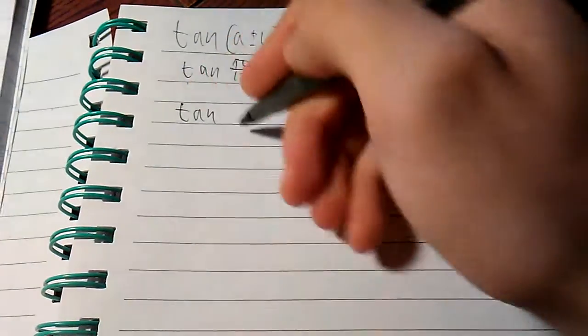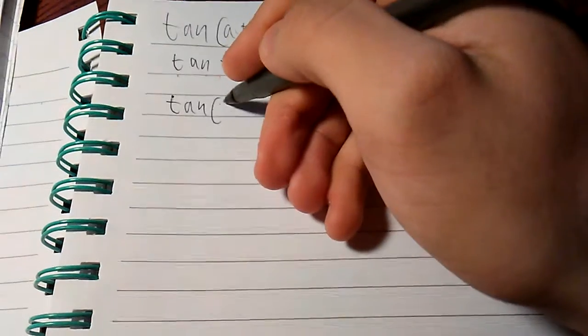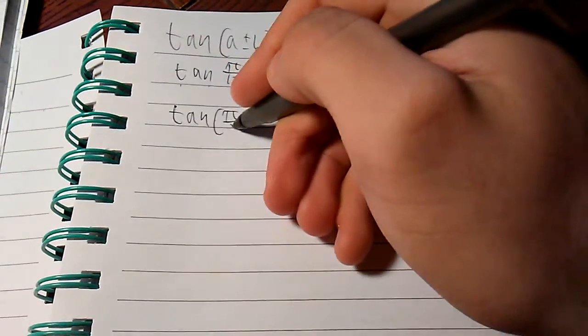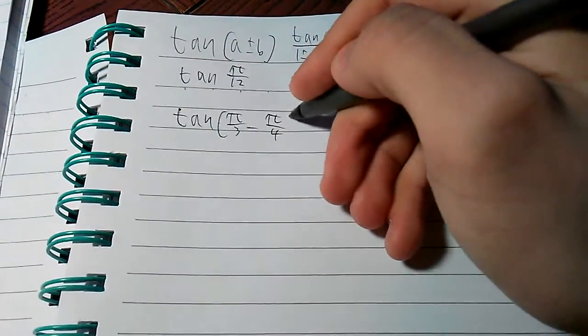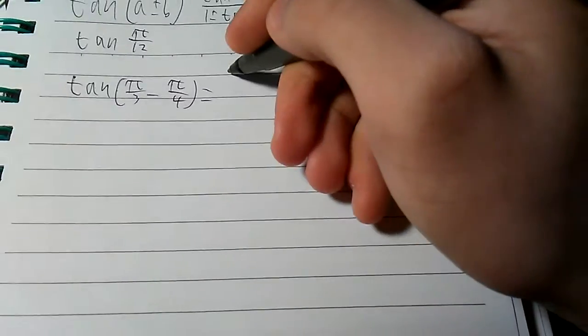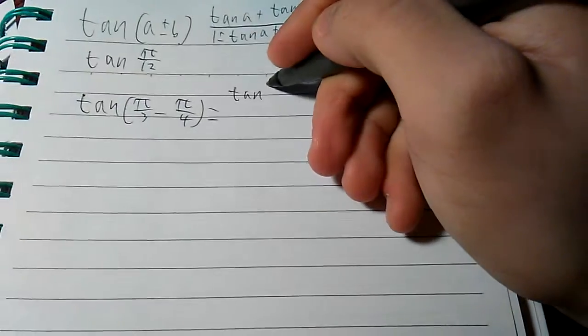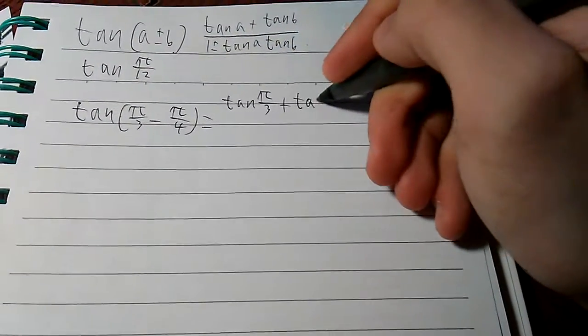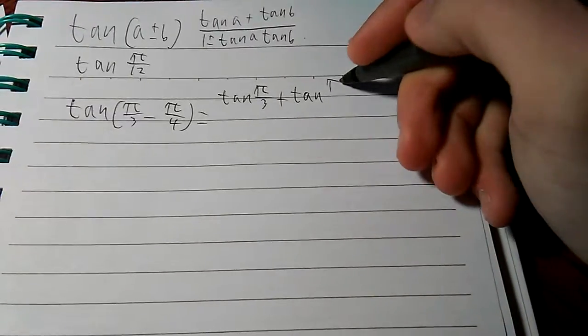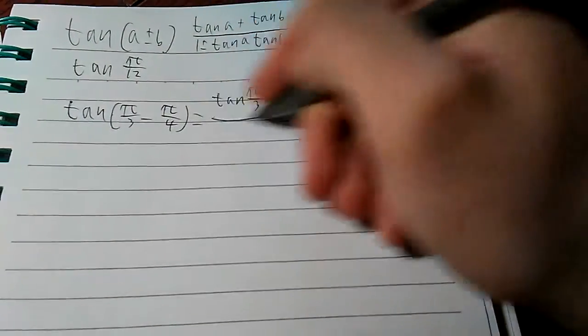Now, this pi over 12, we're going to write as tangent of pi over 3 minus pi over 4, equals tangent of pi over 3 plus tangent of pi over 4, divided by 1.